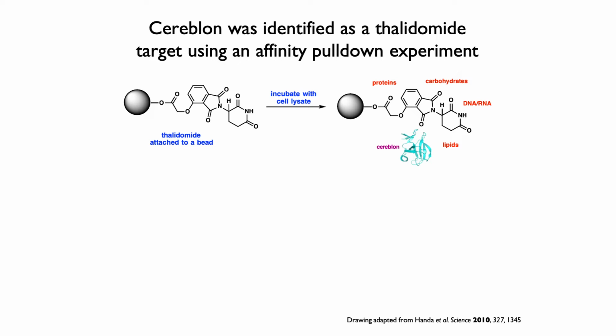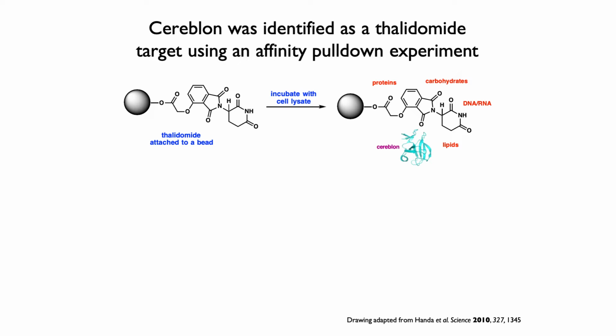And then they incubated this bead-tethered thalidomide with cell lysate from HeLa cells. And so that cell lysate has a lot of different things in it. One of them is cereblon, the target of thalidomide, but there's all this other stuff, all these other macromolecules, many other proteins, carbohydrates, etc.